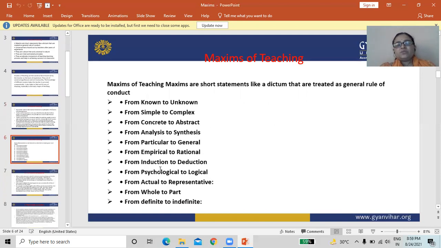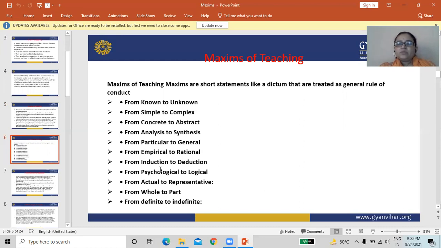Maxims are short statements like a dictum that are treated as general rules of conduct.